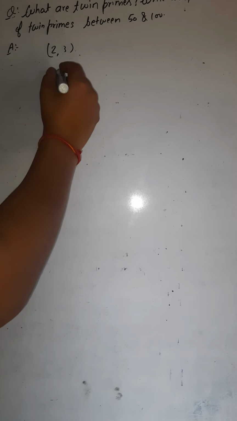Now the next thing that we are to discuss is, what are twin primes? Write all pairs of twin primes between 50 and 100. So now let's talk about the twin primes. Suppose we have two prime numbers, one is 2, the other is 3, and one more set of prime numbers I am taking, 3 and 5.